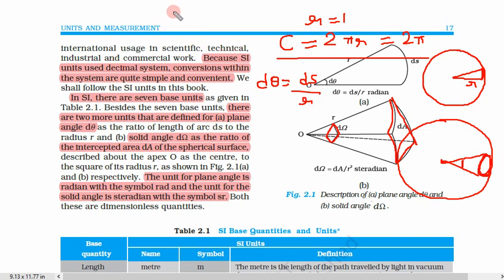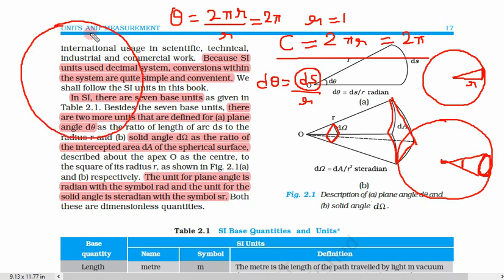Let us say total angle theta is equal to circumference divided by radius. So total angle was 2 pi. Similar thing we used with a smaller angle: the smaller arc divided by radius. Total arc is equal to circumference for a circle.